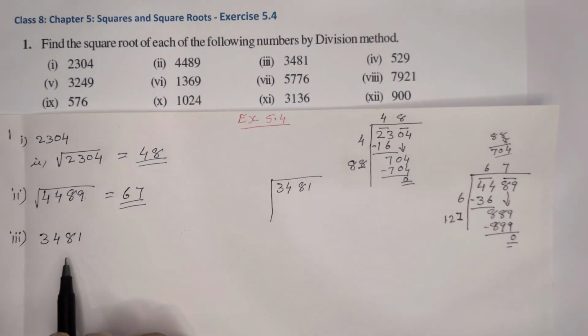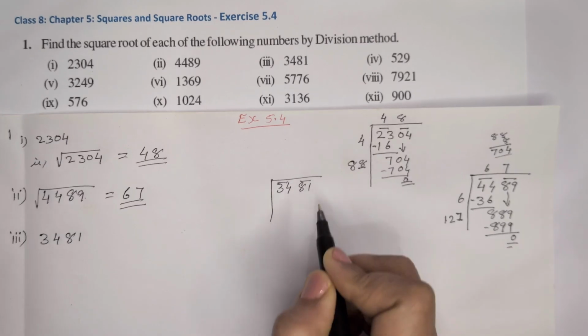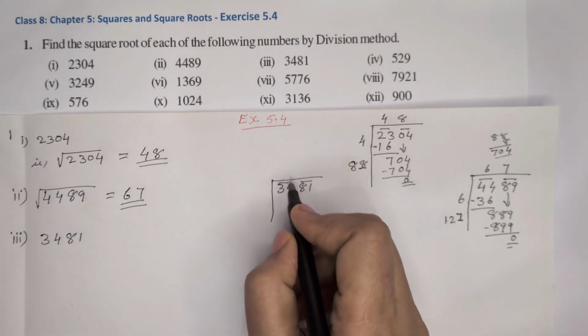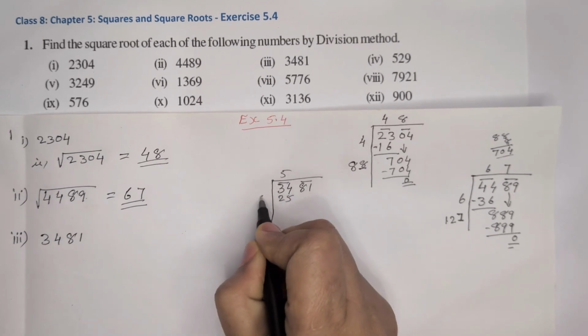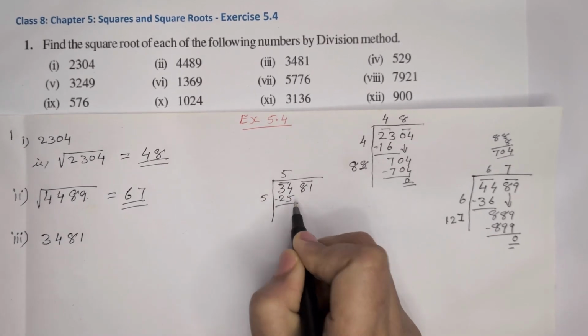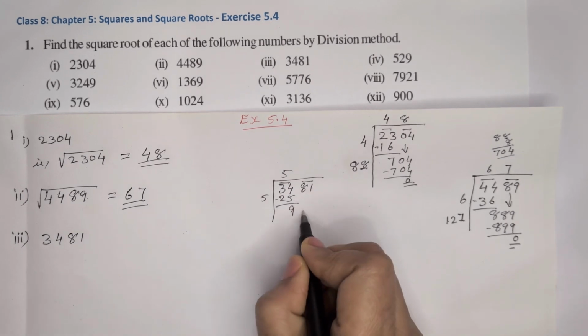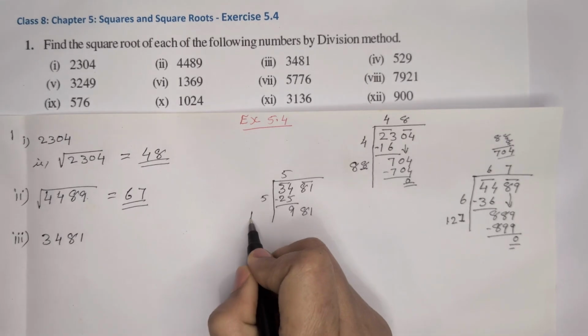Your next number 3481. Here we have to group, and then 34. Below 34, 25 is the perfect square. 25, that means 5 square. 5 into 5, 25. Then 34 minus 25, 9. Then next group, that is 81. 981. Double this number, that is 10.